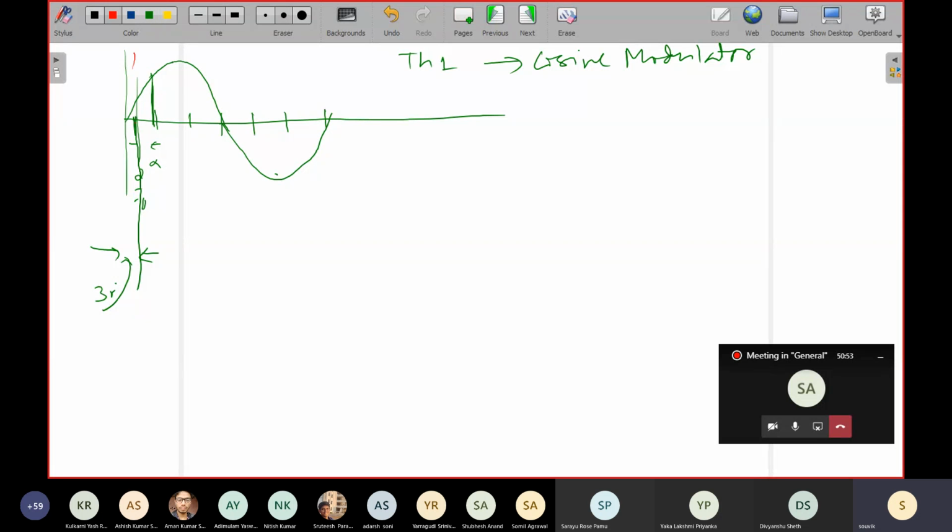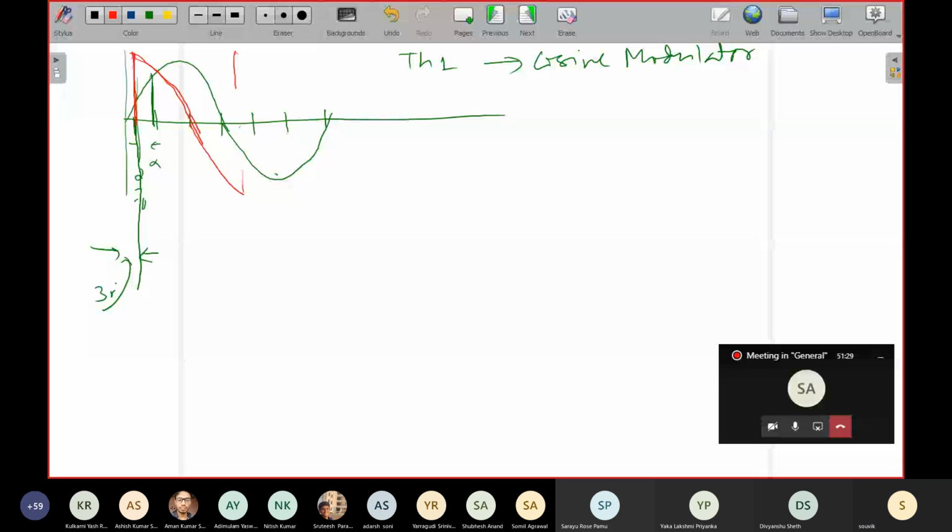So we have to have a cosine waveform, which comes to 0 here, then this is 60, 90, and this is 0, 30, 60, 90.